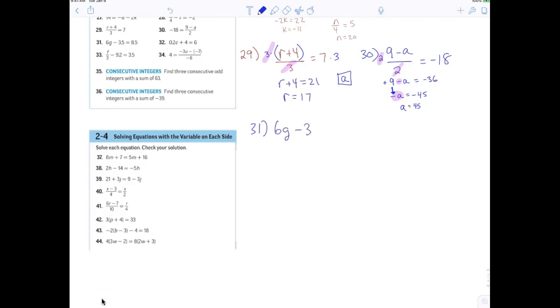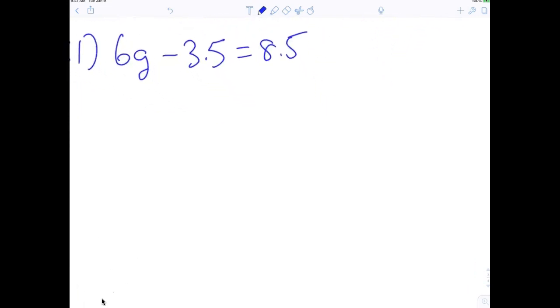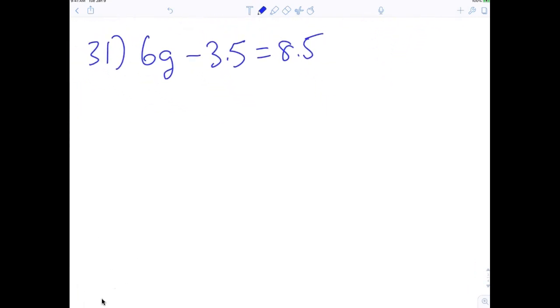So 31. 6g minus 3.5 equals 8.5. Now, this is what I'm talking about. The mental math should be pretty good here. 8.5 and 3.5 is what? 12.